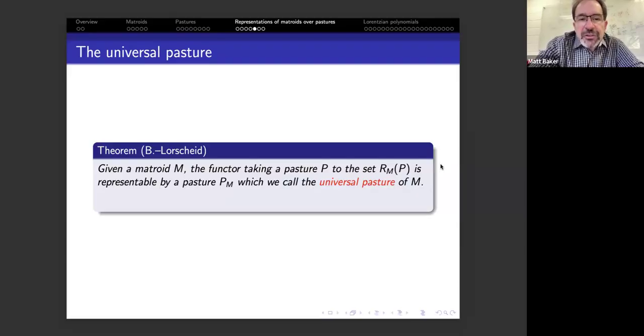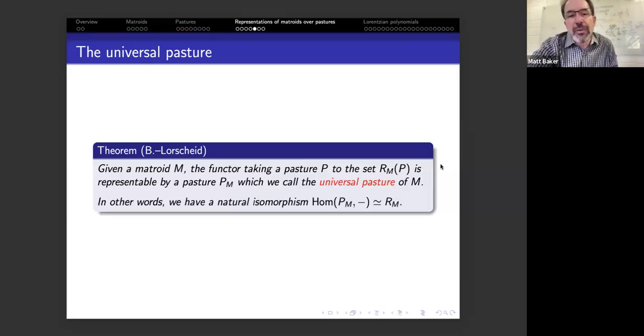And the pasture that represents it, we call the universal pasture of M. And if your category theory is rusty, that means that there's a natural isomorphism between hom from the universal pasture into something and this representation functor.